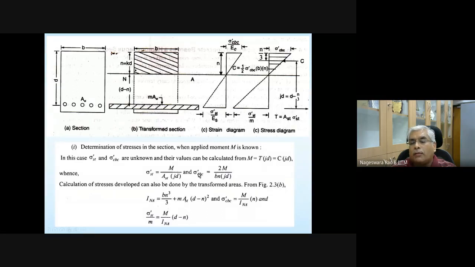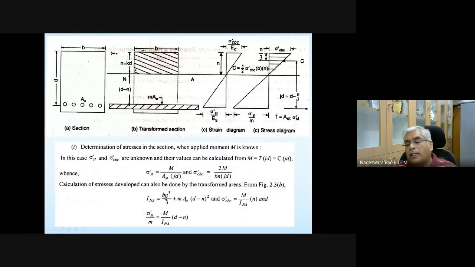If you do that, the steel contribution is m multiplied by Ast multiplied by (d minus n) square. So this is the moment of inertia of the transformed section.